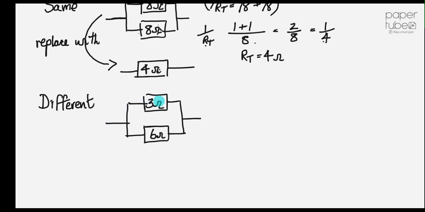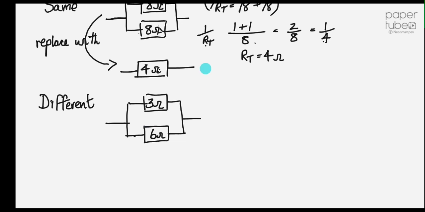Now, if you were current, what way would you go? You go up handy through the 3 ohm, it's smaller resistance. If you're tight, you'll go around the 6 ohm. So we're expecting less current in that one.